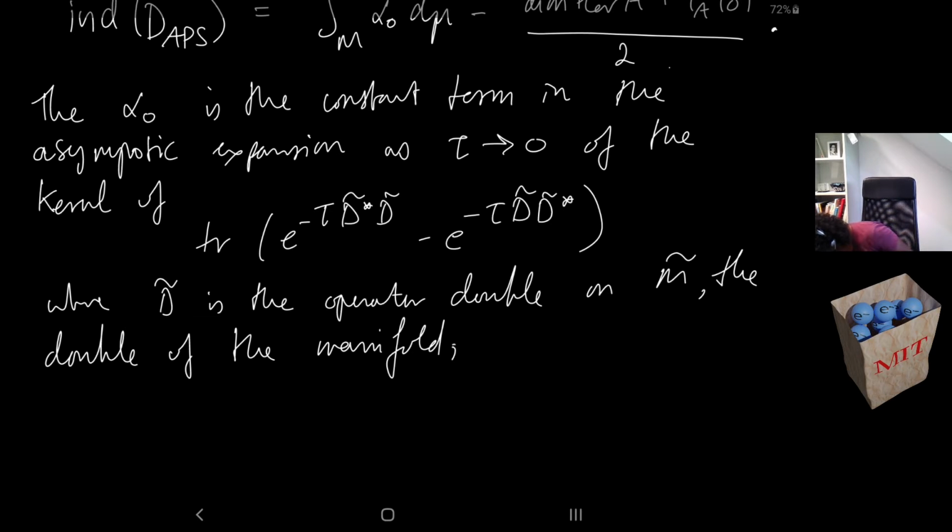Nope. There is no assumption on any of these things. No. The Atiyah-Singer theorem is actually valid for a general elliptic first order operator.